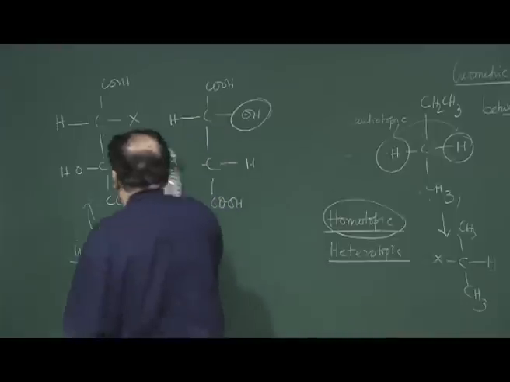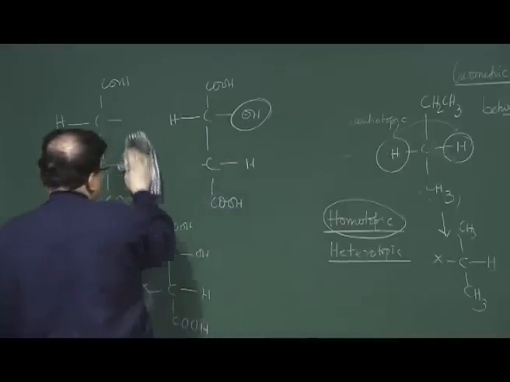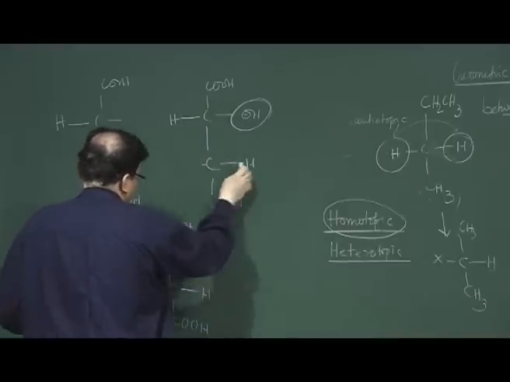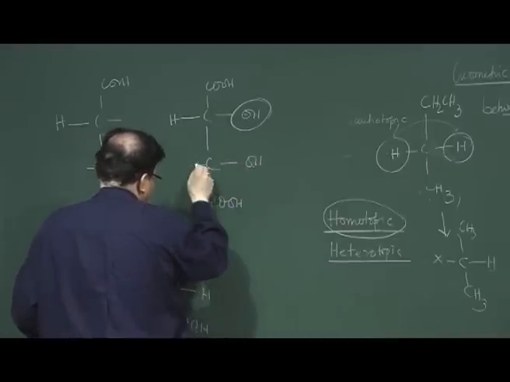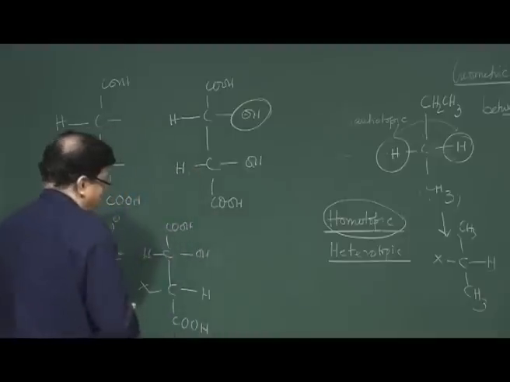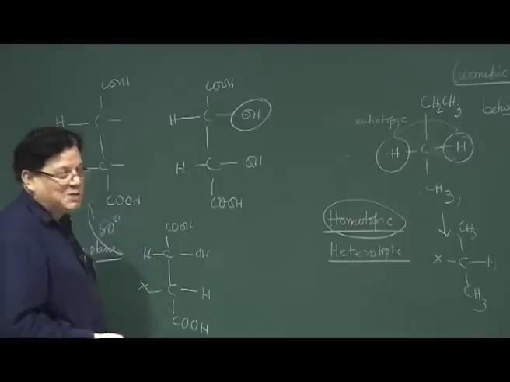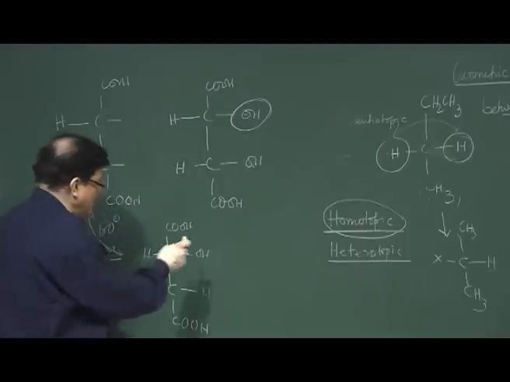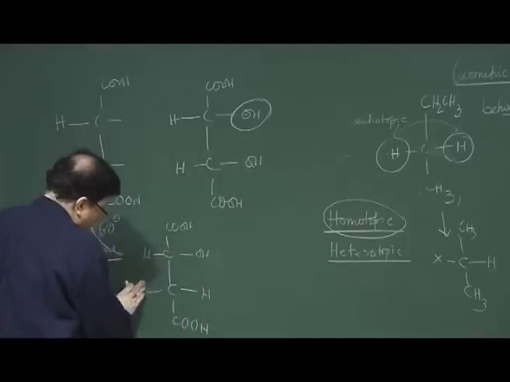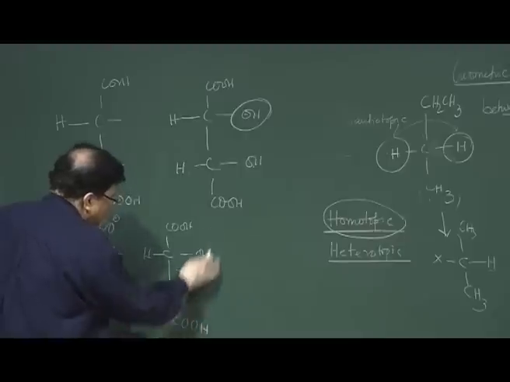Interestingly, if you change the position of the wedge to this side, then if I ask what is the topicity of these two hydroxyls, you again do that replacement, but now the wedge is on the right.